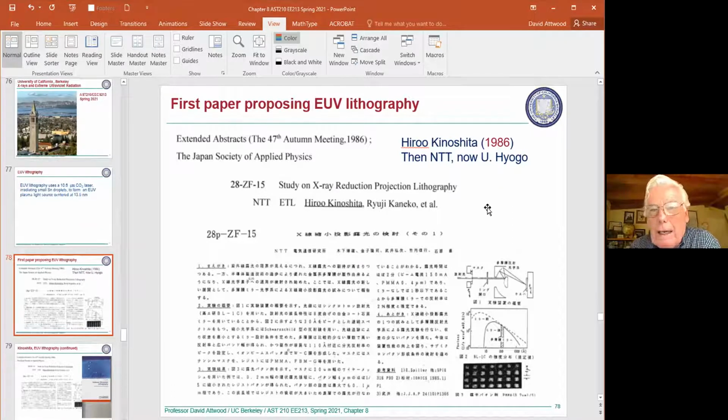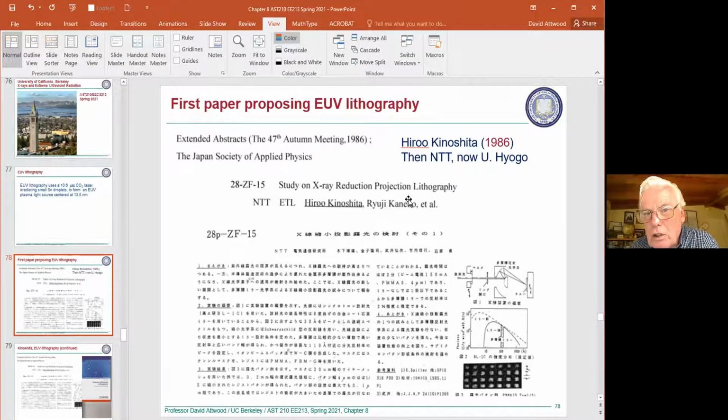He tried it, and with friends found out that it could have an extremely high reflectivity. So Kinoshita saw those two papers and thought it would be possible to make an entire EUV, what they call reduction projection lithography. Now we've dropped all those words and replaced X-ray with EUV.